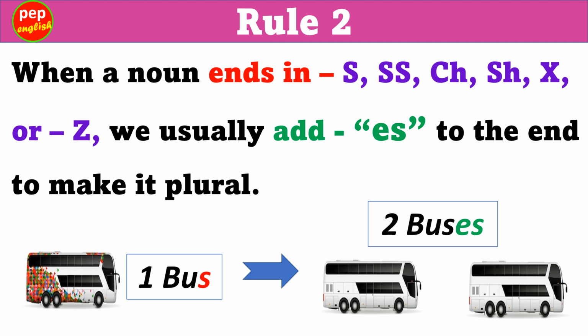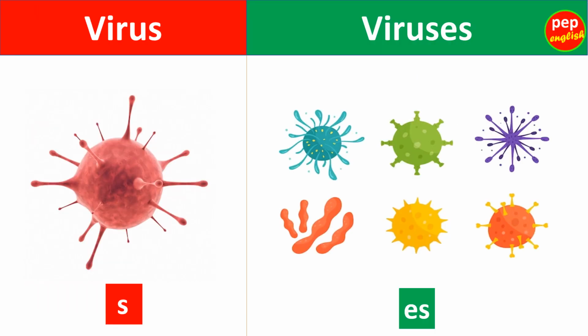When a noun ends in s, ss, ch, sh, x, or z, we usually add es to the end to make it plural. 1 bus. 2 buses. Virus. Viruses.